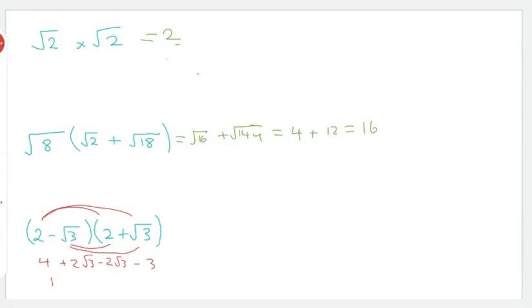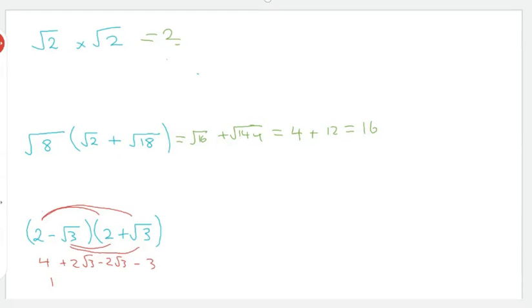So, yeah, that is going to help us when it comes to rationalizing. So let's take the first example, root 2. If we have the square root of 2, we can multiply that by the square root of 2, and that will give you a number that is not a surd, i.e. rational. Okay.